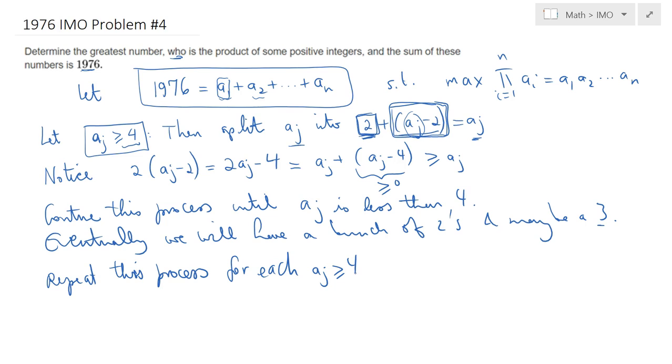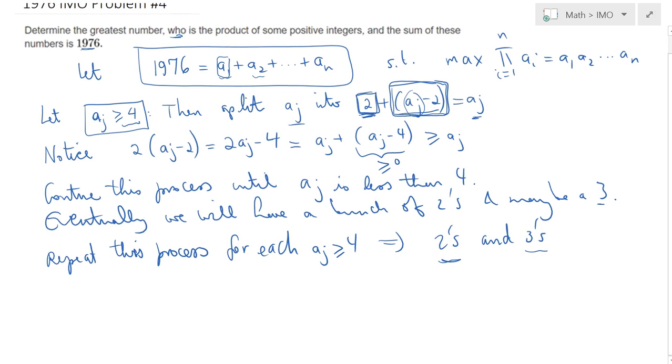And this way we guarantee that we'll have 2's and 3's now, possibly many more 2's than 3's. But then how about the numbers which are less than 2 or 3? So we understand that this procedure makes sense. It optimizes the product. So look at this product. The product exceeds its previous number.